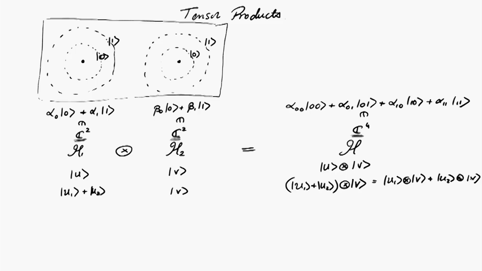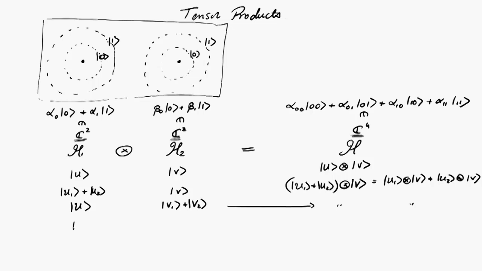Okay, and the same thing holds if you look at u tensor v1 plus v2. You get the same sort of linearity. So now this is exactly what we did with these basis vectors 0 and 1.